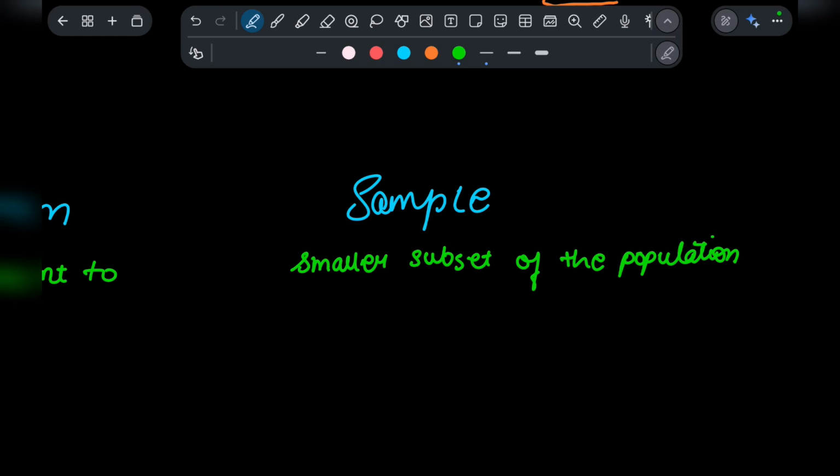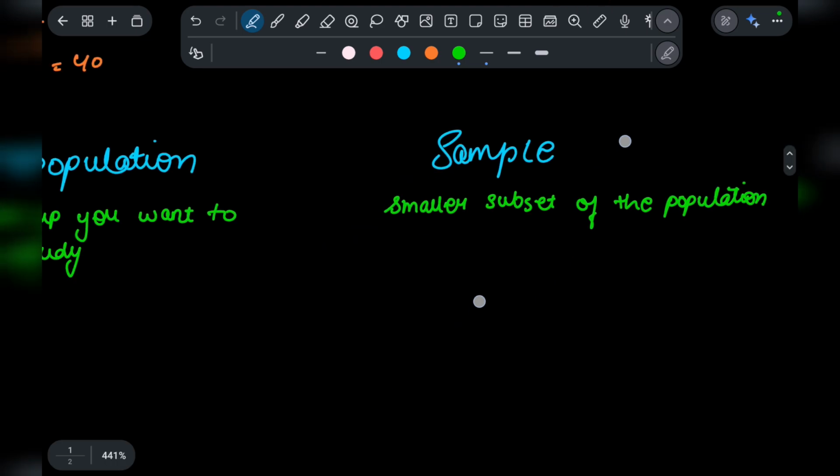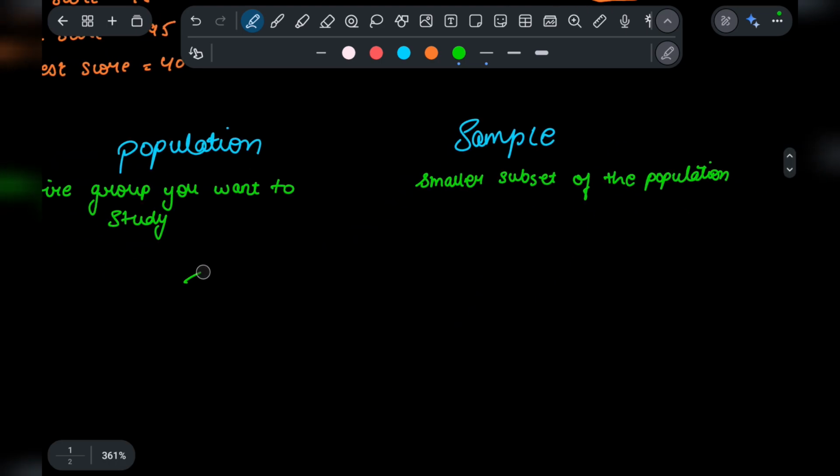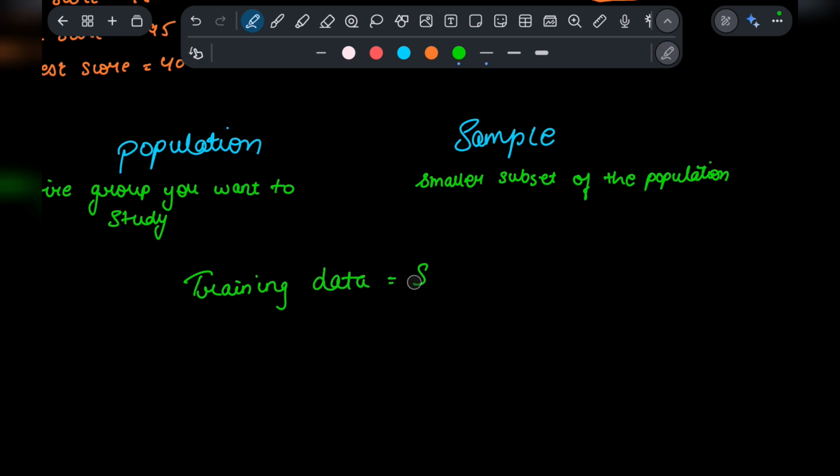You might be thinking, why does this matter in machine learning? What is the role of this in machine learning? See, every ML model works on samples and not populations. Your training data is nothing but a sample of the entire population, while the real world users are your population, correct?